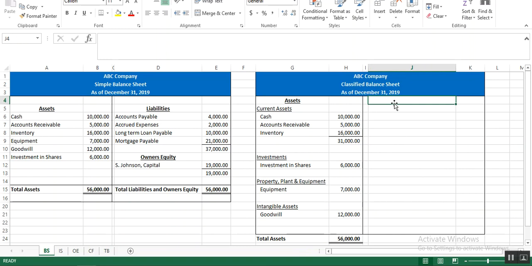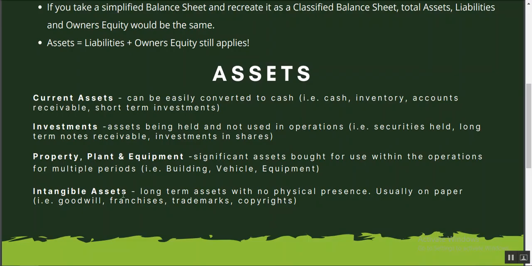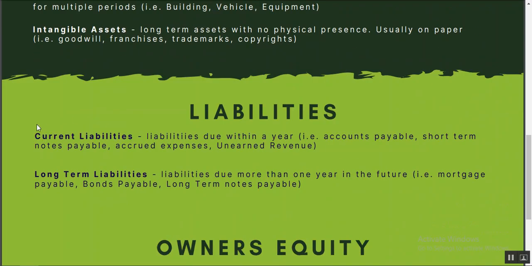Now let's take a look at our liabilities. Liabilities is next. And so based on our liabilities, what we stated is liabilities is broken down into current and long term.